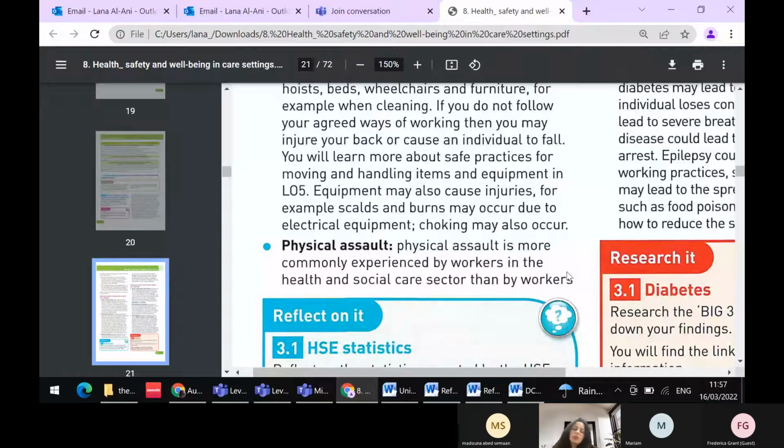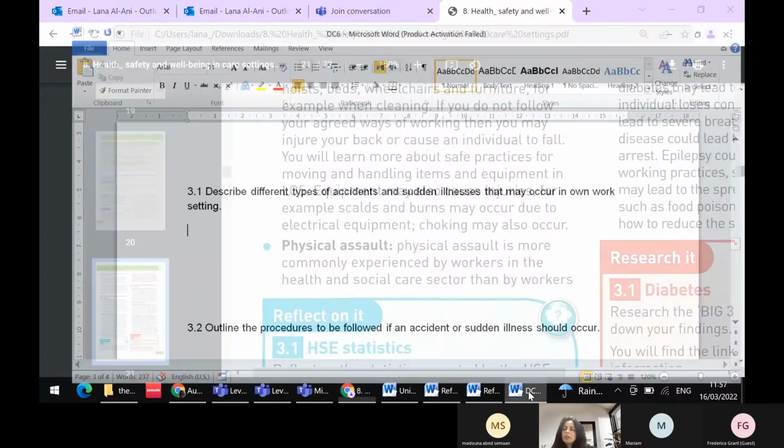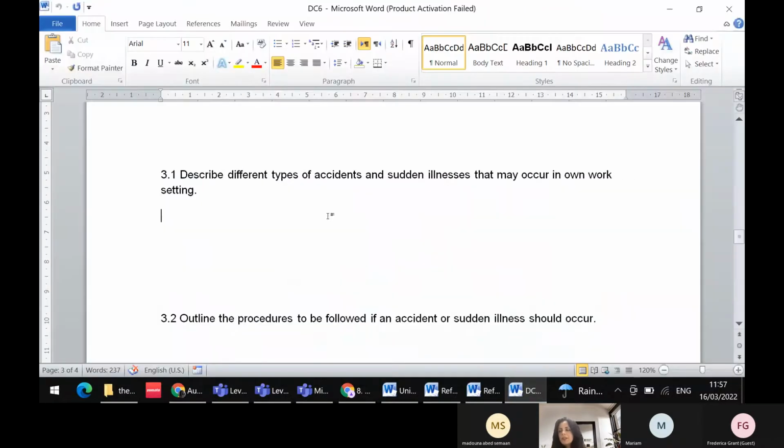They start maybe beating the client or hurting them. So all these accidents could happen in the workplace. So when you answer this question, describe different types of accident, you can give all these examples, and even if you have more examples, talk about it.